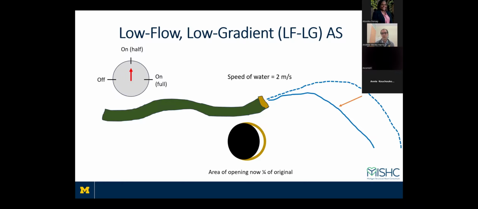But because the flow rate has been decreased, the speed of flow going through the aortic valve is going to be decreased, and the measured gradients are also going to be decreased. So you still have that same narrowing. It's still severely narrowed, but we're going to be measuring lower gradients and lower velocities. Does that make sense? Any questions about that?